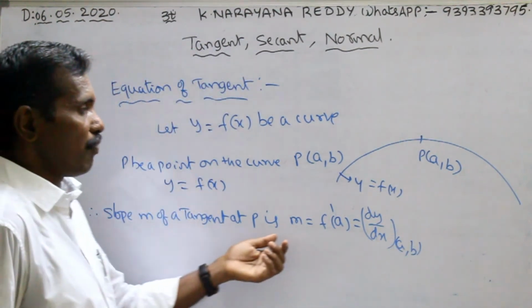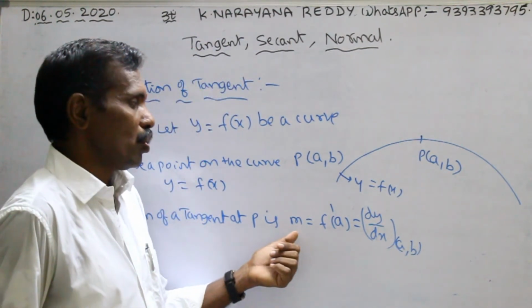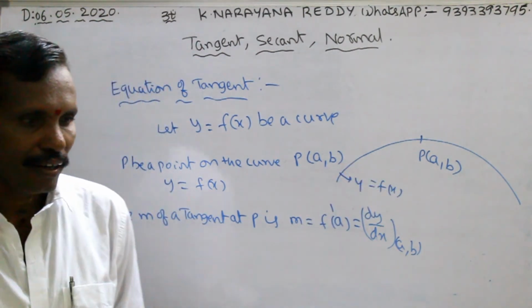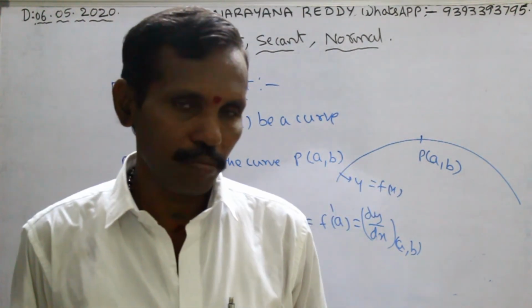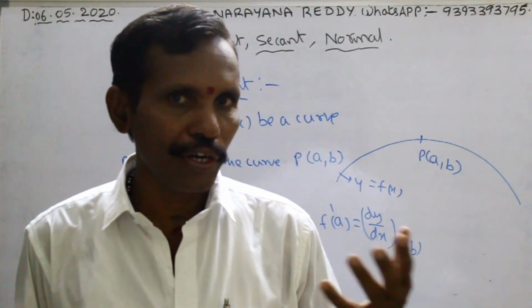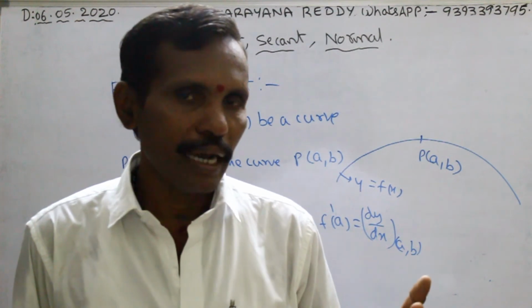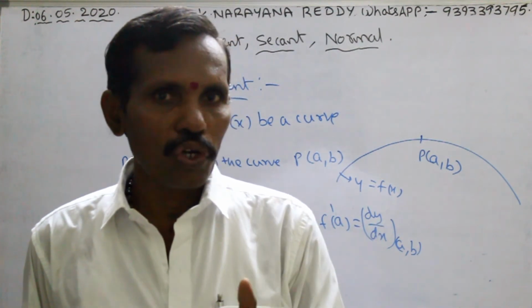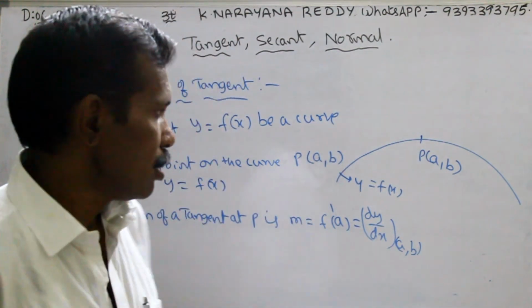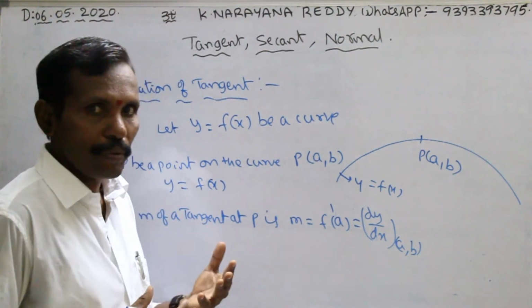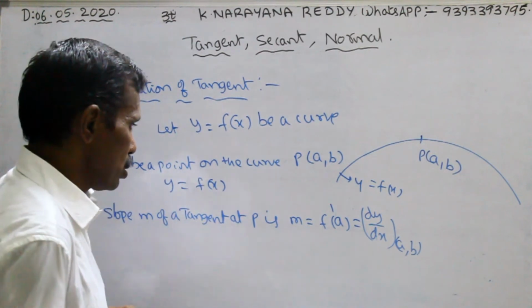This is the slope of a line. You know the slope of a line and a point P. What is the formula for the equation? A line containing point P with coordinates x1, y1 and having slope m is y minus y1 equals m into x minus x1. I already told these in the last classes in coordinate geometry. If you want, you can check those videos.